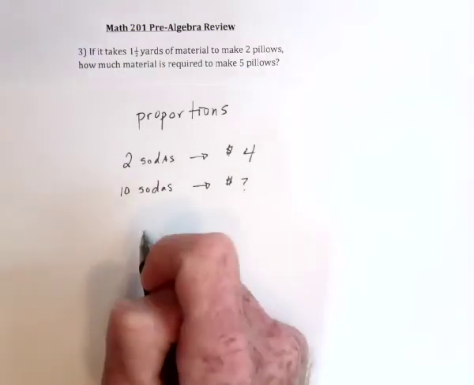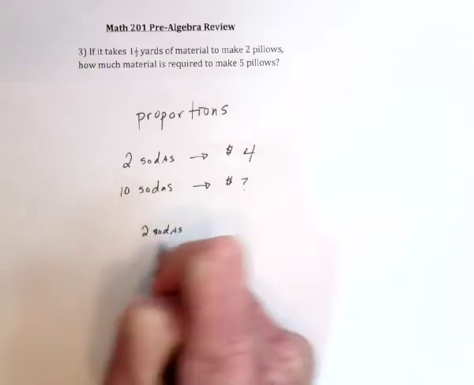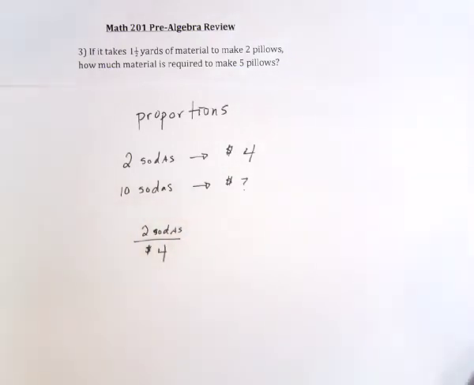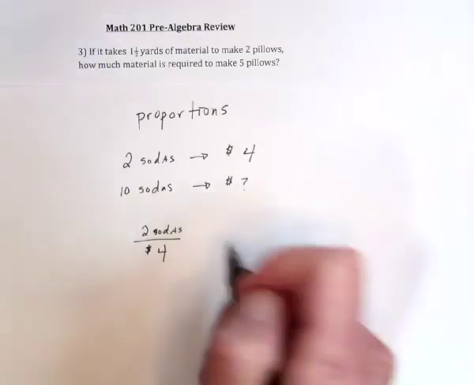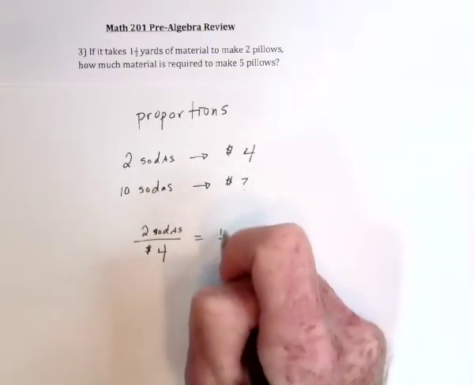Another way you can do it is say 2 sodas was $4. So I'm now making a proportion out of it, thus I can make an equation. Then what I do is say, all right, now I want to know about 10 sodas.